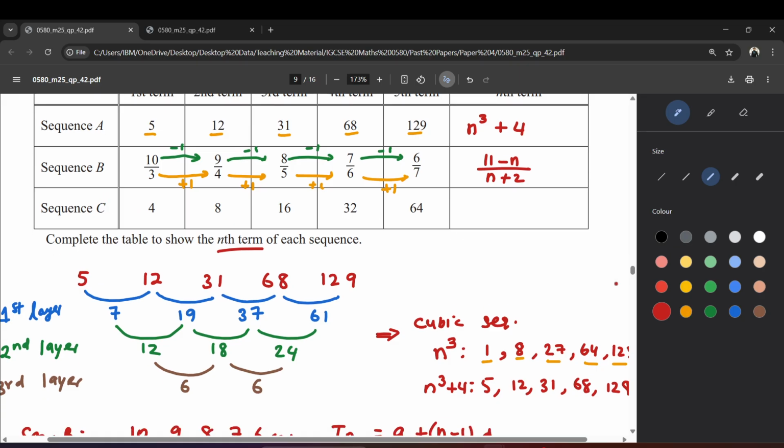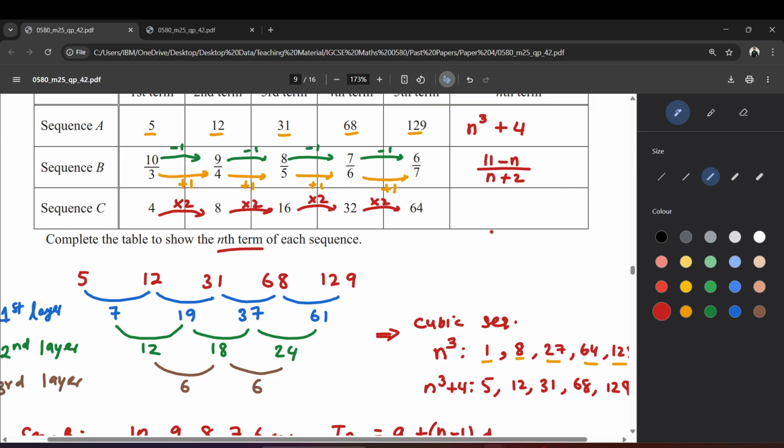Sequence C is 4, 8, 16, 32, 64. Here you should realize that this is times 2. So each term is multiplied by 2. So when you have a multiplication, that is a geometric sequence.